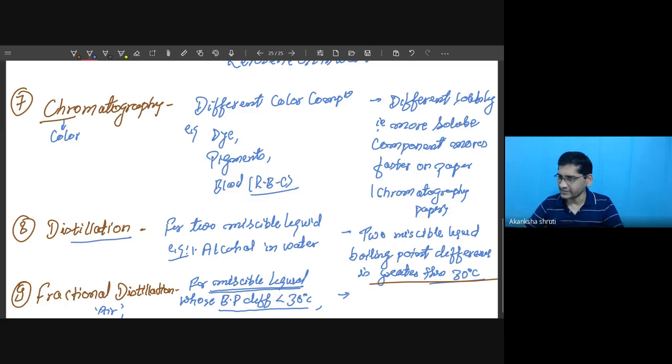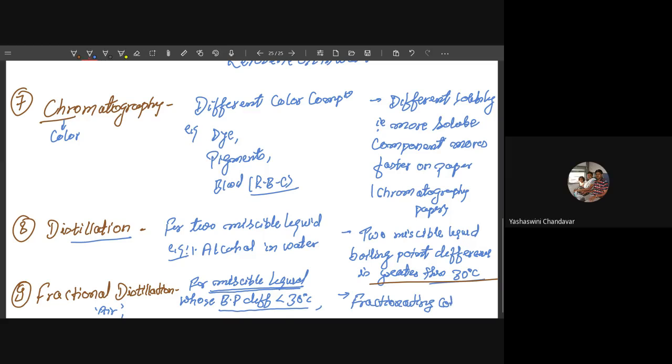of distillation. So what is the setup of distillation? This we will learn tomorrow in our next class. So it contains fractionating column. Sir, the fractional distillation temperature should be greater than 30 degrees or lesser than?